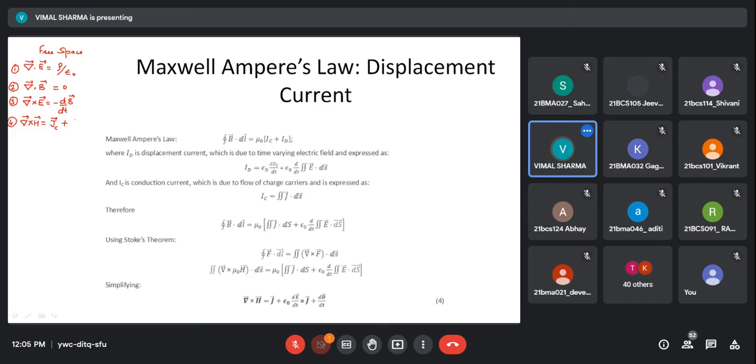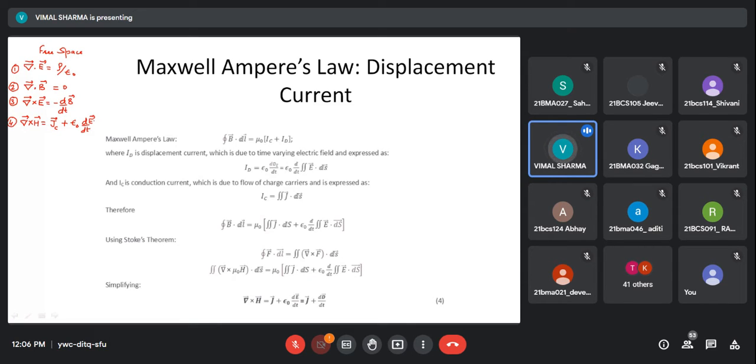This was introduced by Maxwell, and this becomes consistent when we add this term, that is displacement current density, which is epsilon naught times dE by dt. So these are my four Maxwell equations which we have derived yesterday.